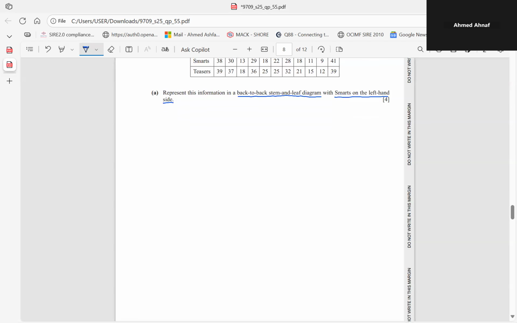To draw it, let's first draw the main column and then the two side columns. The timings for the Smarts will be here, and this would be the timing for the Teasers.